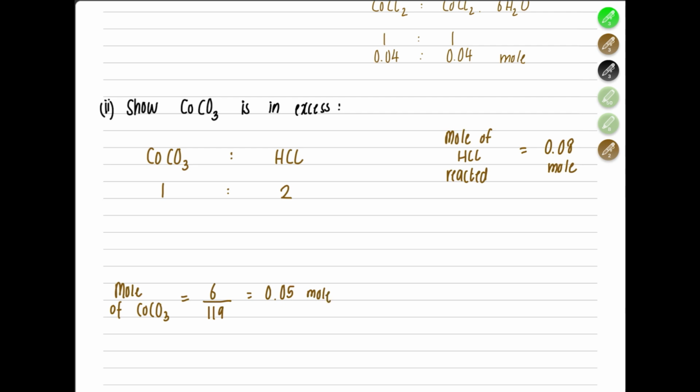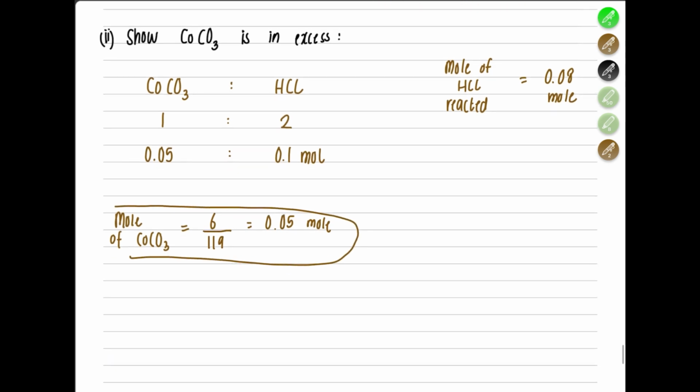If all the cobalt carbonate had reacted, we would multiply it by 2, giving 0.1 moles. So you can see cobalt carbonate is in excess, because if all the cobalt carbonate reacted, we would need 0.1 mole. But we only had 0.08 moles of hydrochloric acid that reacted.